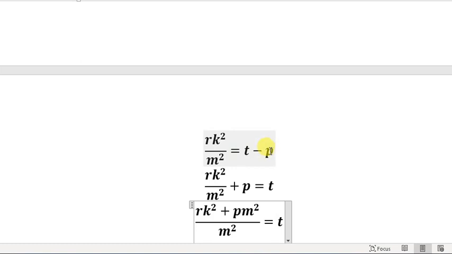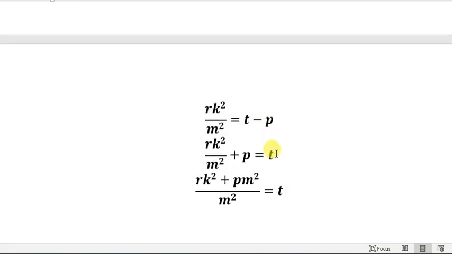Now, if you remember, if it's a negative, to nullify it, we need to add the additive inverse of the negative. That is, we add p to both sides. In doing so, the right hand side p will be nullified, leaving t to be at the right hand side. That results to rk squared over m squared plus p.